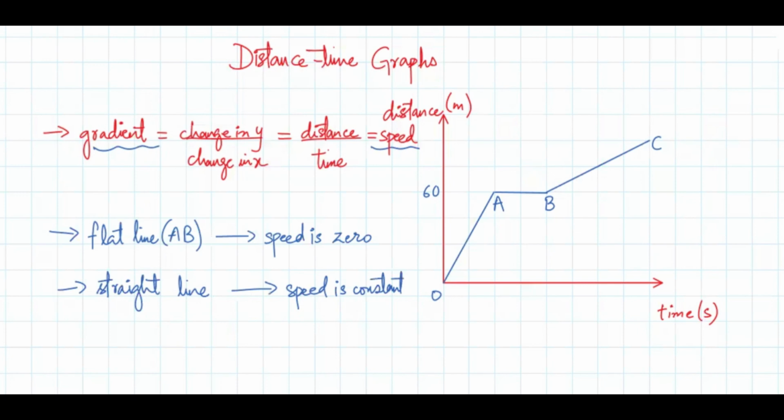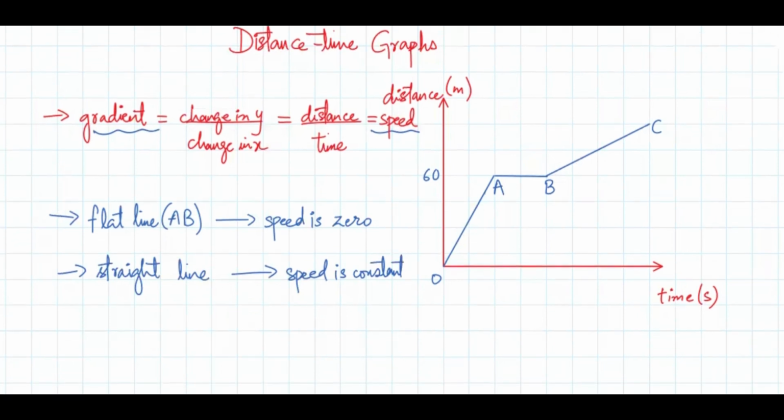So for example, as a region OA, you can see that the line is more steep. So we say that the speed is large. If the steepness is less, as per the region BC, then the speed is also going to be small.